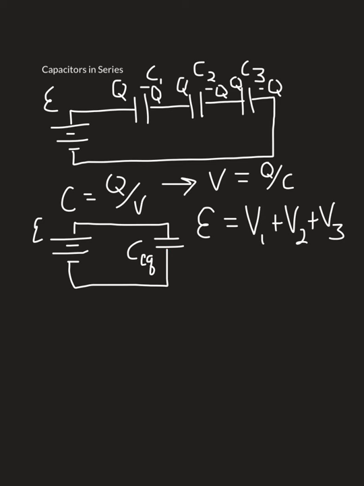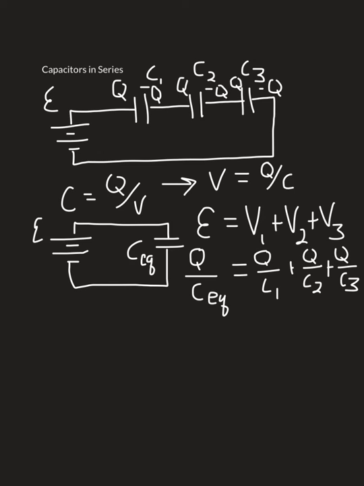And so I can rewrite the EMF of the battery in terms of the equivalent capacitor's charge and capacitance. And then I can do the same thing for each of the potential differences from each of the capacitors.